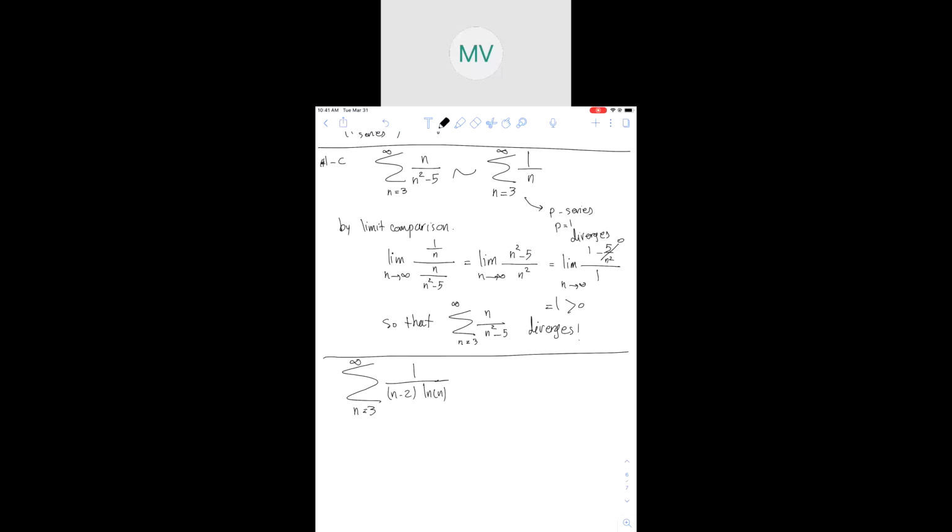I mean, think about it. Natural log of n is already natural log of n, okay? So you want to keep it as it is, at infinity. Yeah, it's that one. But n minus 2, you can ignore 2 and then simply compare it with n itself. So the series you want to compare this with is the sum of 1 over n natural log of n, starting from 3 to infinity. Okay?